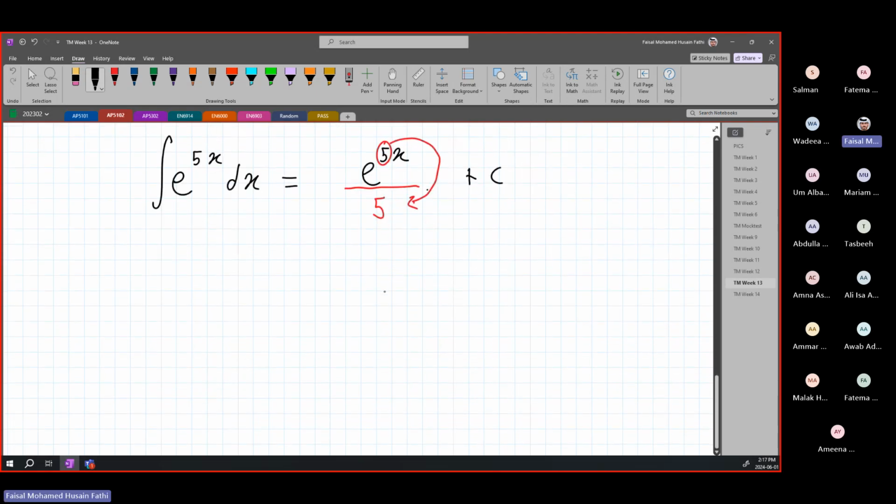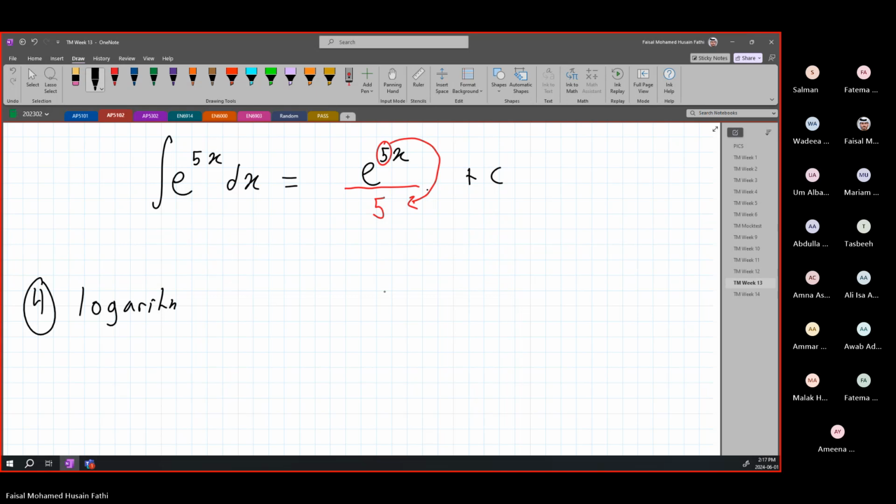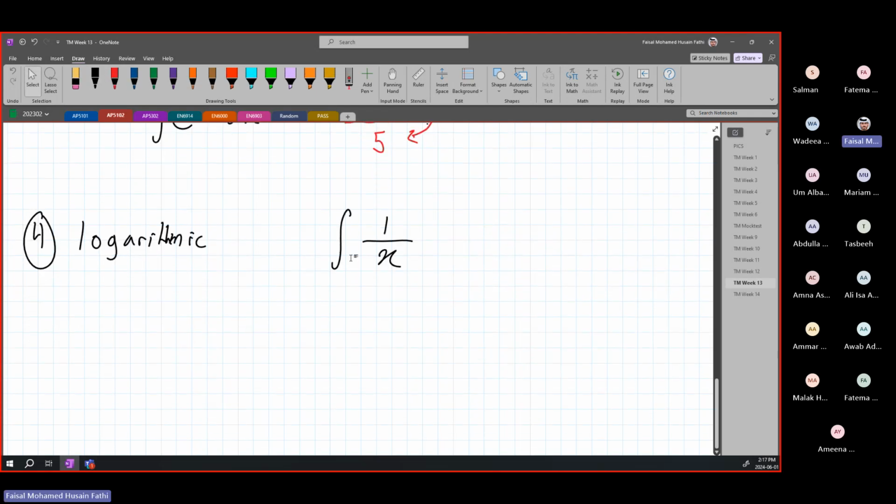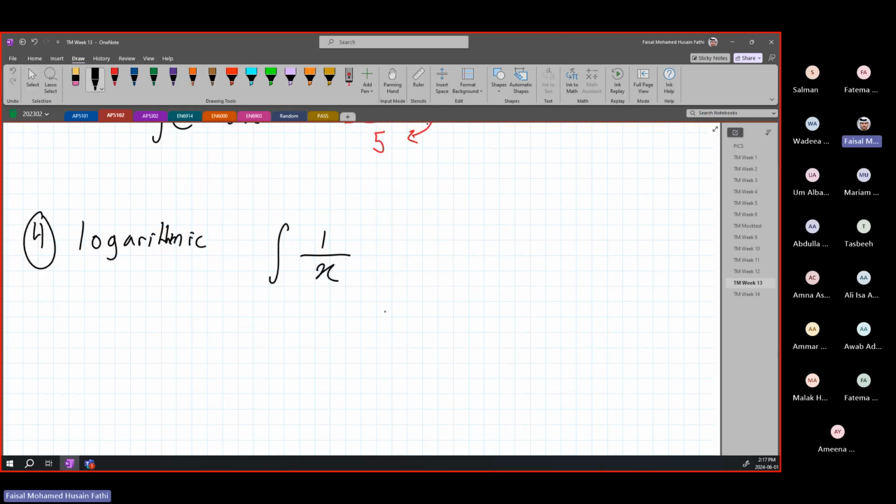And then the last thing that we looked over was the logarithmic integration, which was the integration of 1 over x. Remember, when you have 1 over x dx, you're not going to apply the general rule.